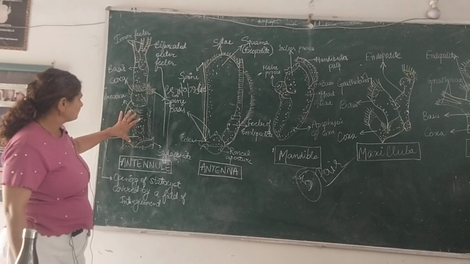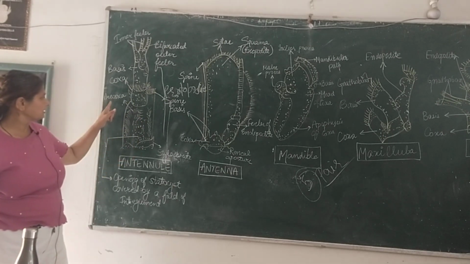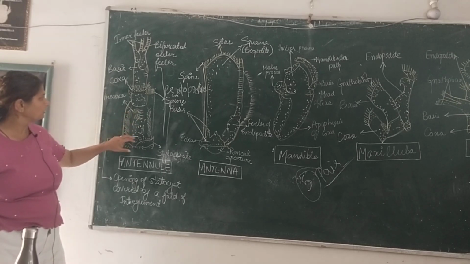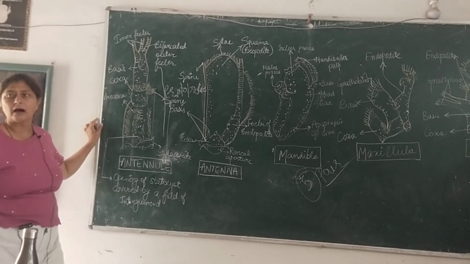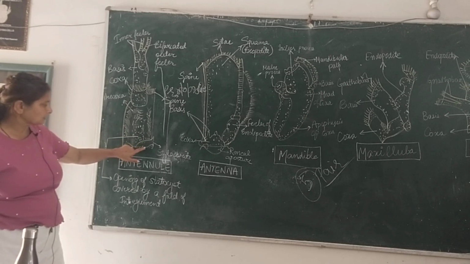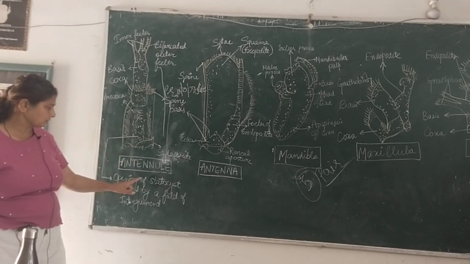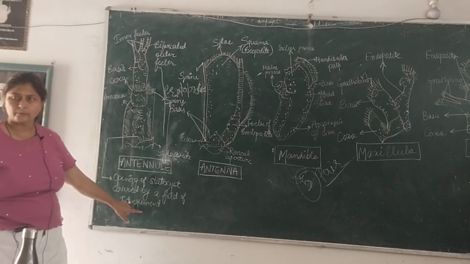Now the first part from where it is attached is called the precoxa. It has a number of hair-like structures called setae. At the base of this precoxa there is the opening of the statocyst, covered by a fold of integument.